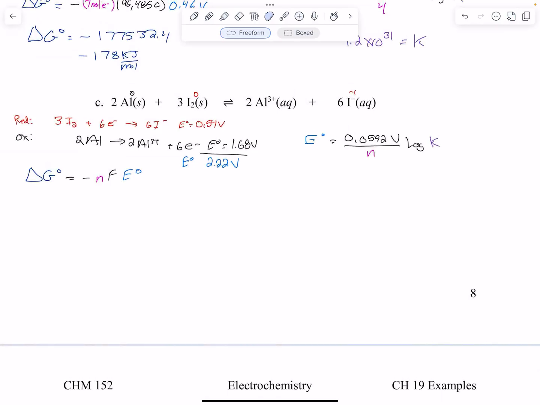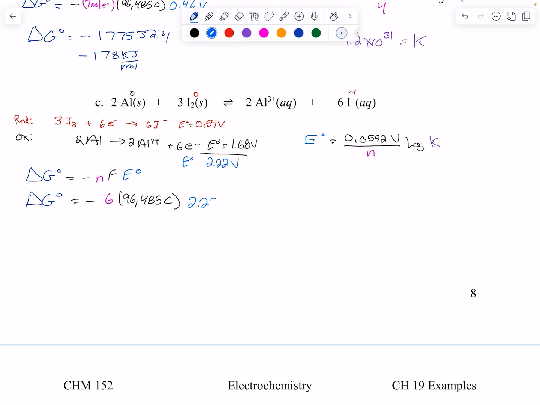All right. So now delta G equals negative 6 times 96,485 coulombs and 2.22 volts.